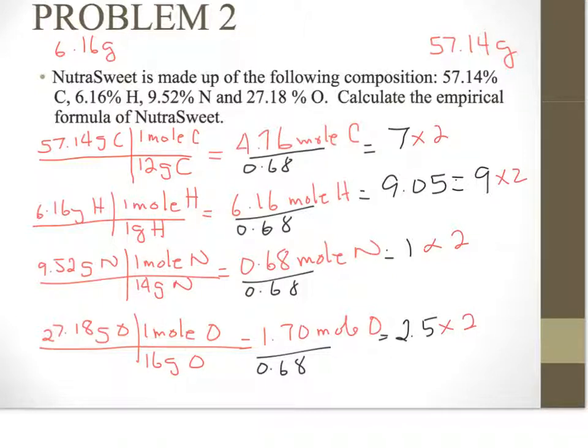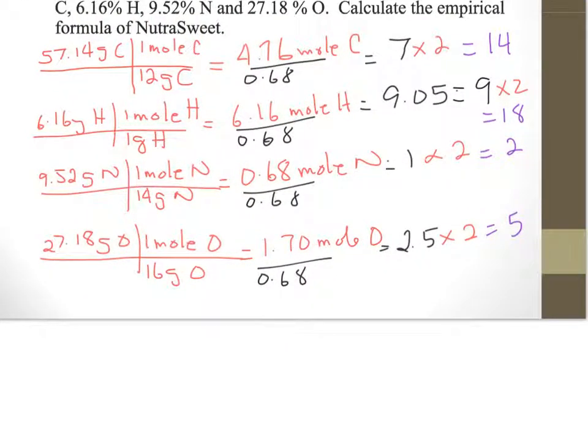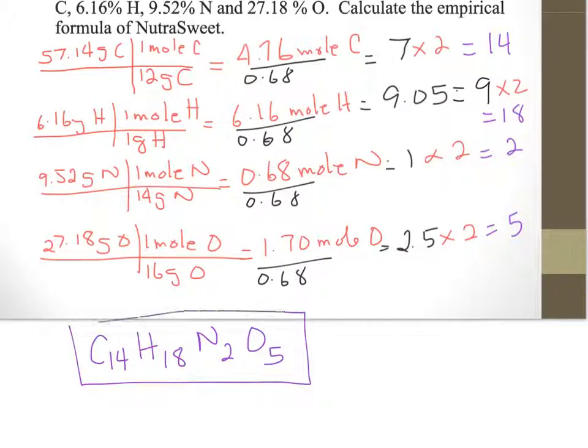And when we do that, we are going to get another number. So that's 14. This is 18. This is 2. And this is 5. So now the number of moles is 14, 18, 2, and 5. So that means that the empirical formula is C14H18N2O5. And that is the empirical formula.